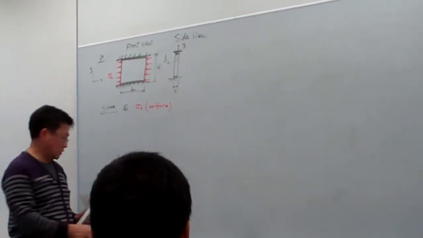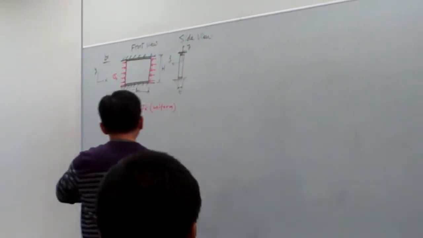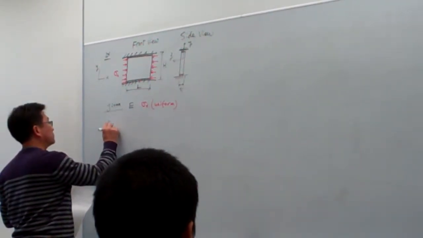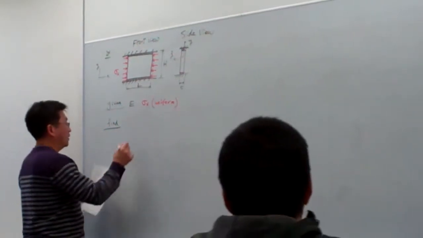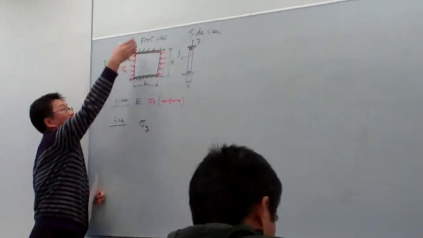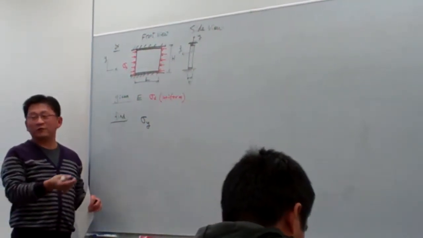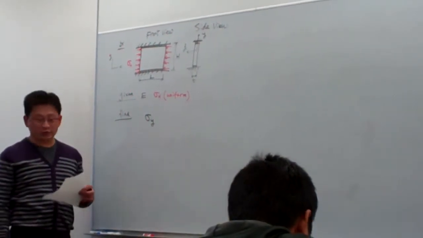So now for this example, we want to calculate the stress in the y direction. Again, in the y direction, we know that this material is experiencing compression. We want to calculate how much that compression is.